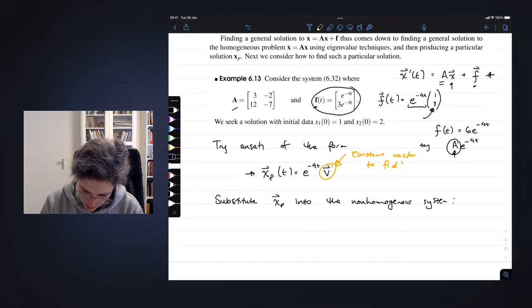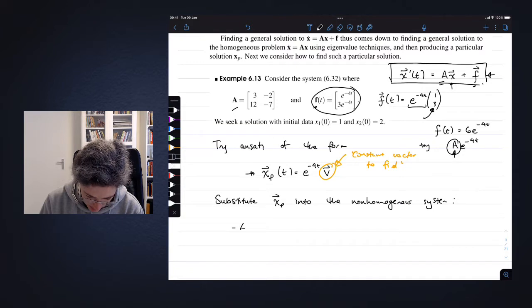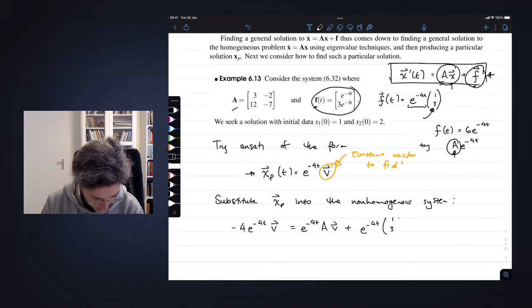So this, remember, is our non-homogeneous DE. So I've got a minus 4 e to the minus 4t times v must be equal to, and then over here we've got an A times x, so we've got e to the minus 4t times A times v, plus, and now we've got plus f, so that's plus e to the minus 4t times 1, 3.